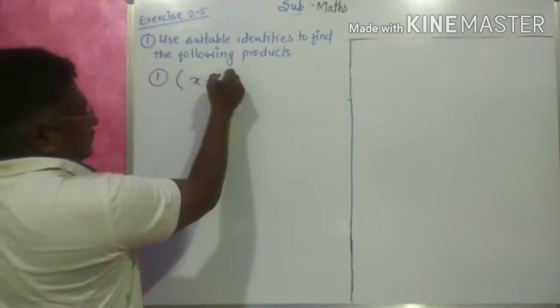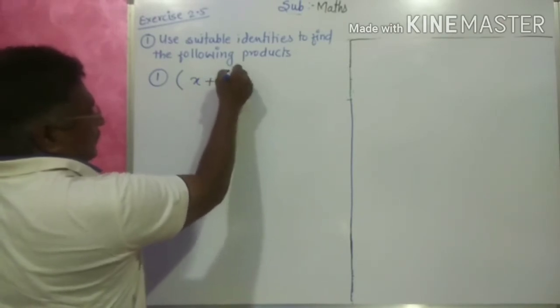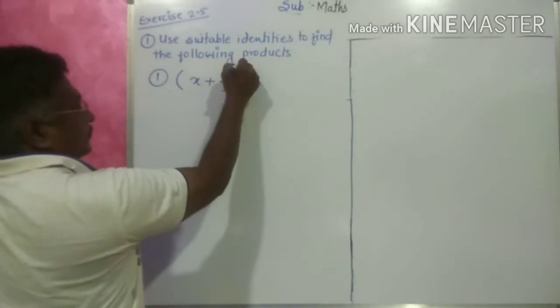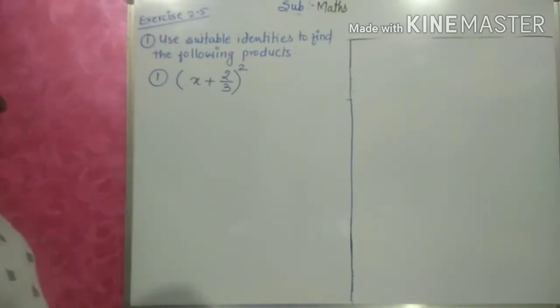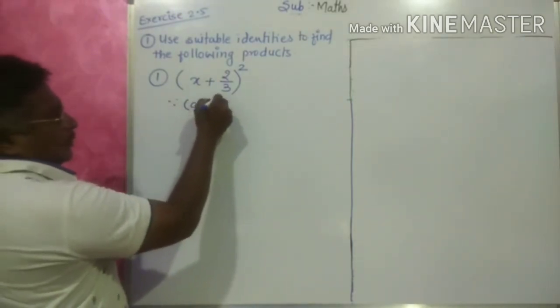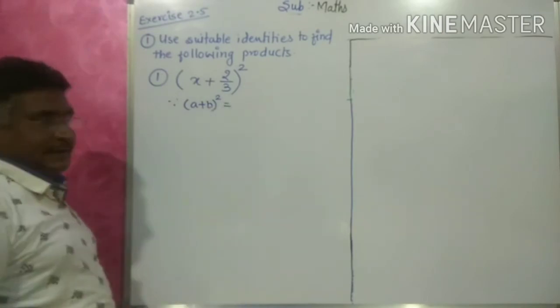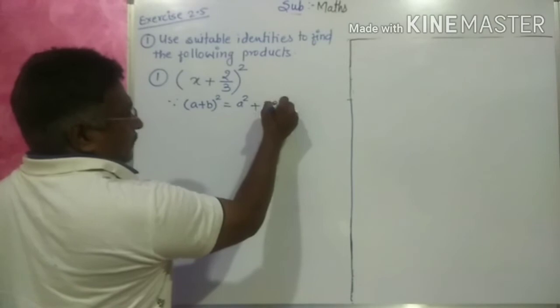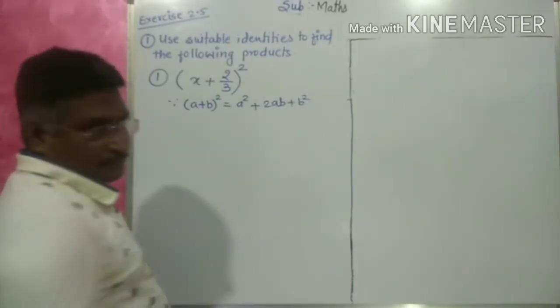x plus 2 by 3 whole square. Which identity? A plus b whole square. This identity has to be used. So what is a square plus 2ab plus b square?